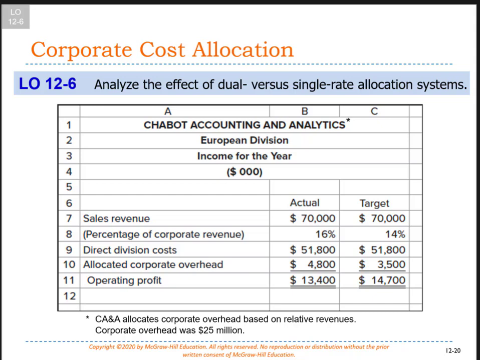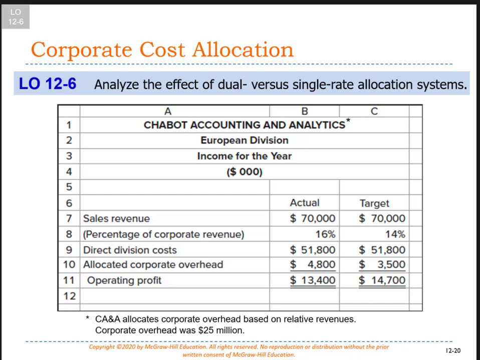We're going to go through this very quickly, because generally allocating corporate costs is not helpful in evaluating performance by the individual pieces of the organization, unless it really reflects the organizational resources that are used by that particular cost center, profit center, whatever center we're looking at.